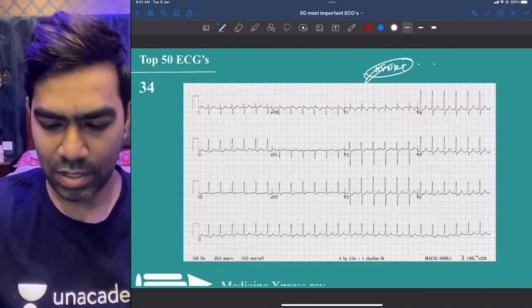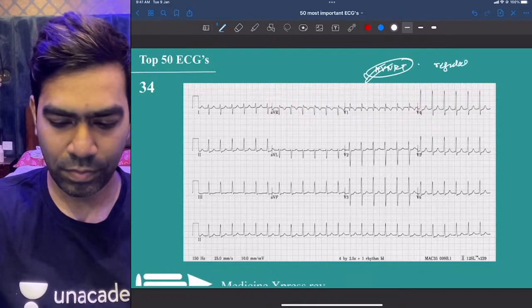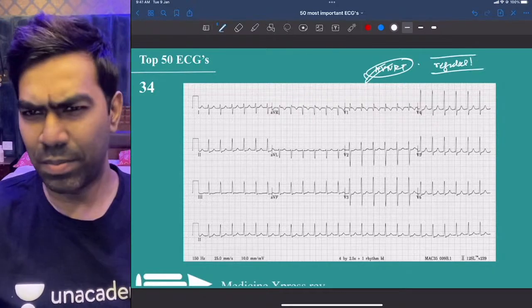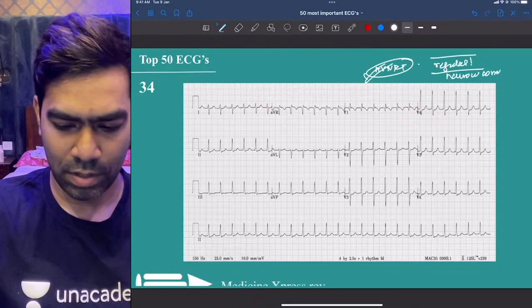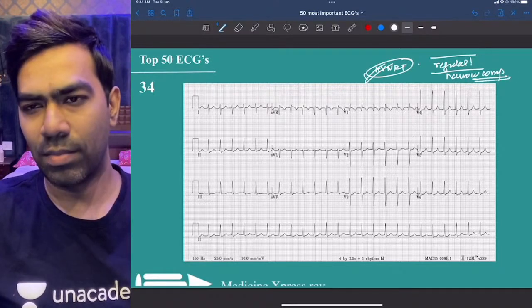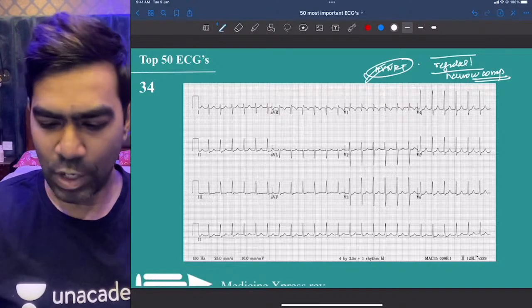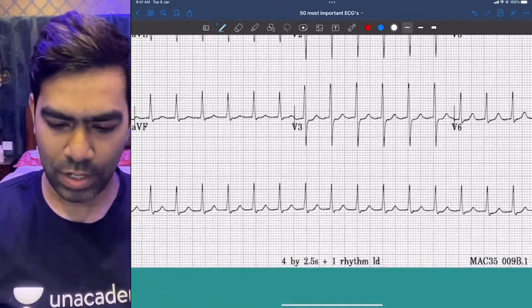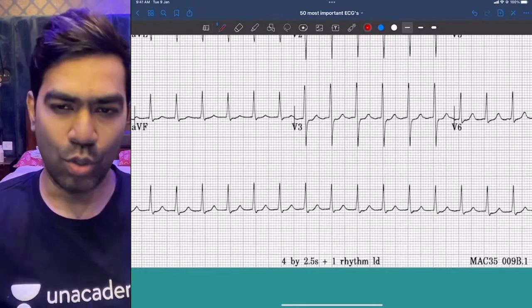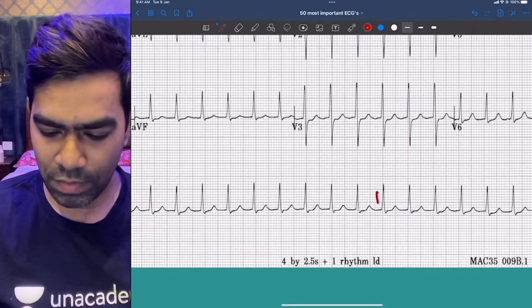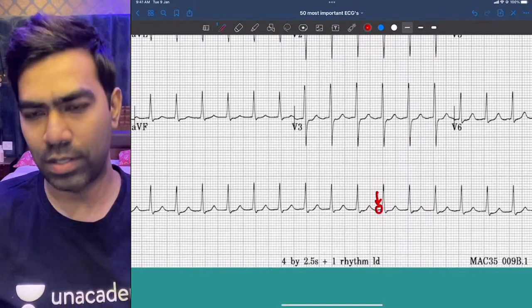What are the classic features? Number one, the rhythm will be regular. Most of the time it will be narrow complex only. It's a narrow complex regular rhythm. And you won't see the P waves at their usual location. I won't say P waves are absent here, but you know where the P waves should be. P waves should be before the QRS complexes, right?